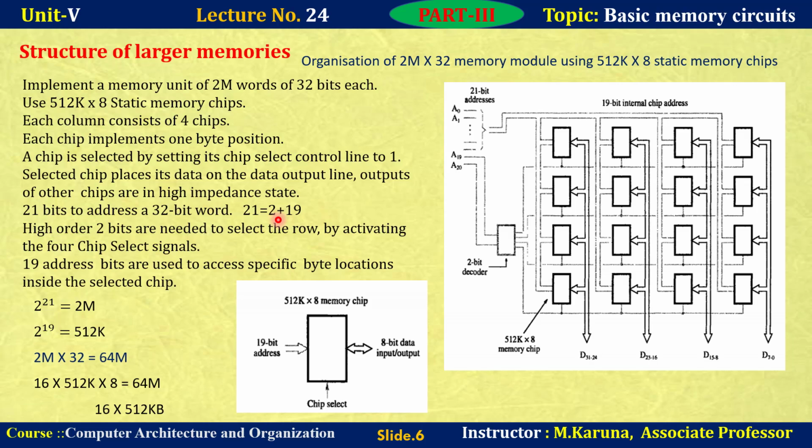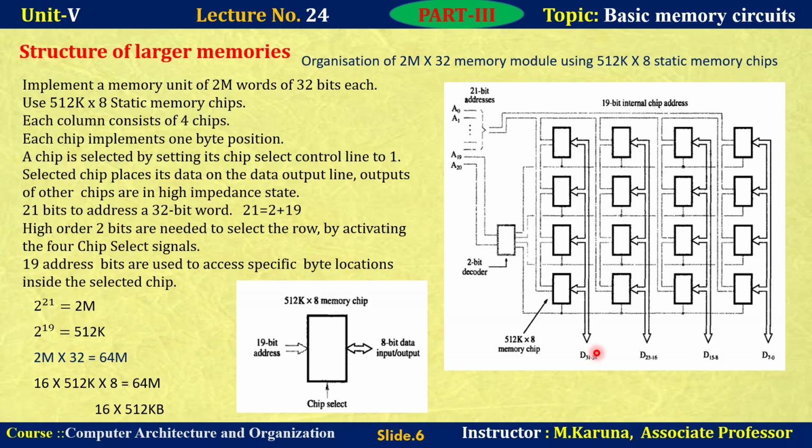Only the selected chip places data on the data output lines. The first chip consists of data bits D0 to D7, the next chip has D8 to D15, the next consists of D16 to D23, and the last chip consists of D24 to D31. Total 32 bits can be stored.